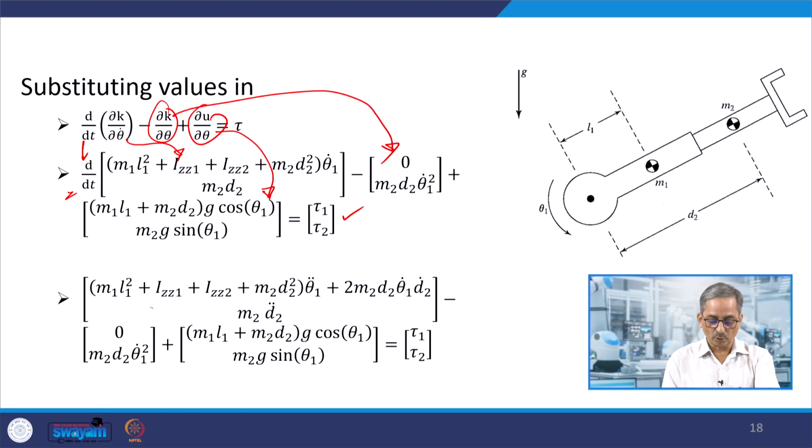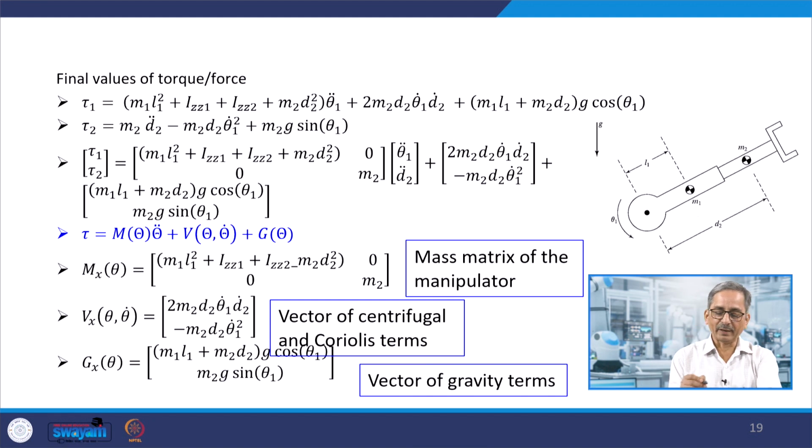I have theta 1 double dot over here, and this derivative was already done. When I take one more derivative, I get the d2 double derivative. My second and third terms are as they are. So, this is my tau 1 tau 2.